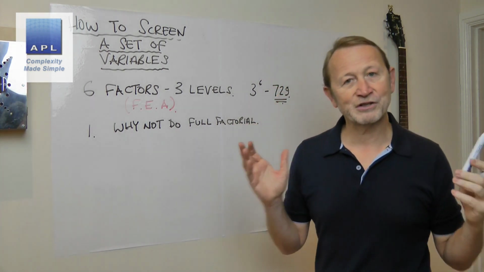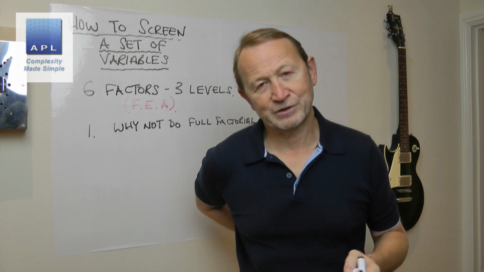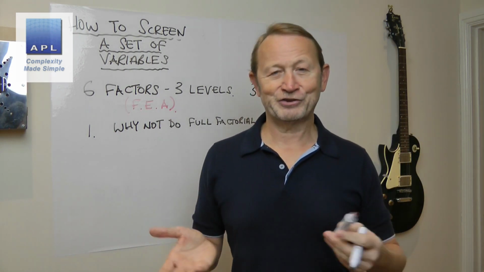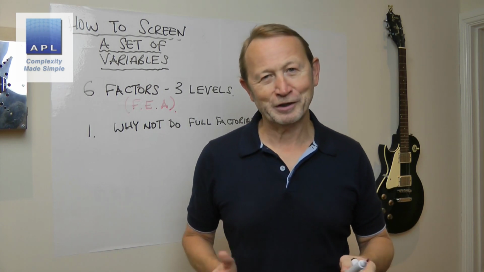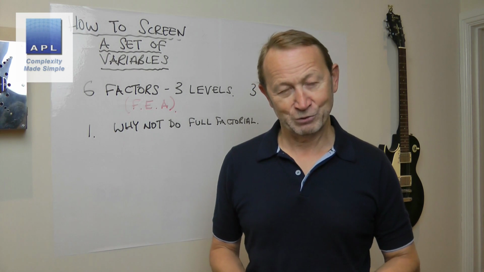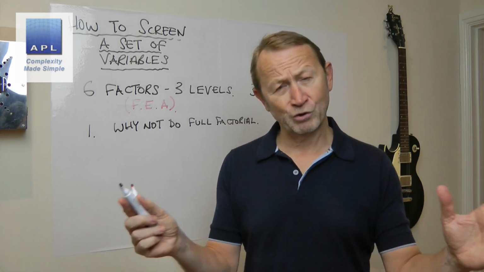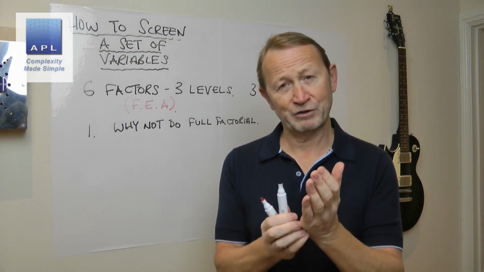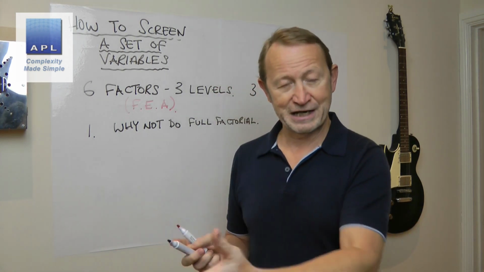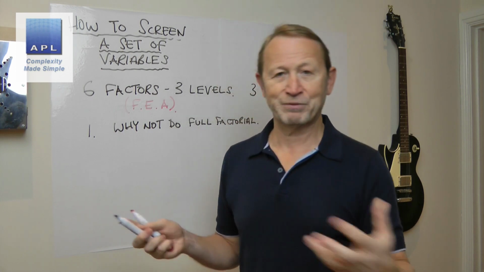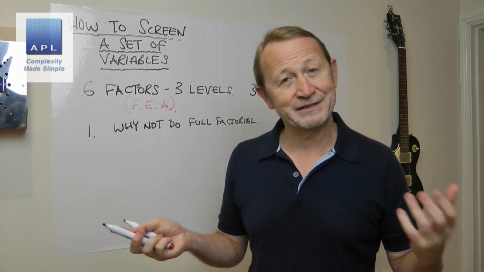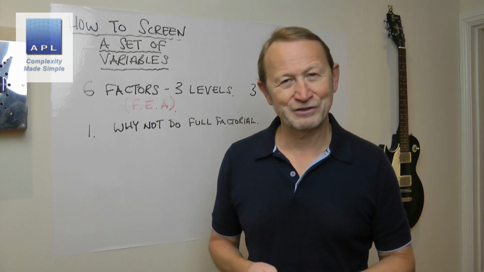Now the reason I say that is because you're on a computer, and I know that 729 calculations seems like hard work, but I'd like to bet that if you sat at the computer and you had your model, you had your system in front of you, and you had to hand type in each combination and press a button to get a calc, it would probably take you a day, maybe a couple of days to do that.